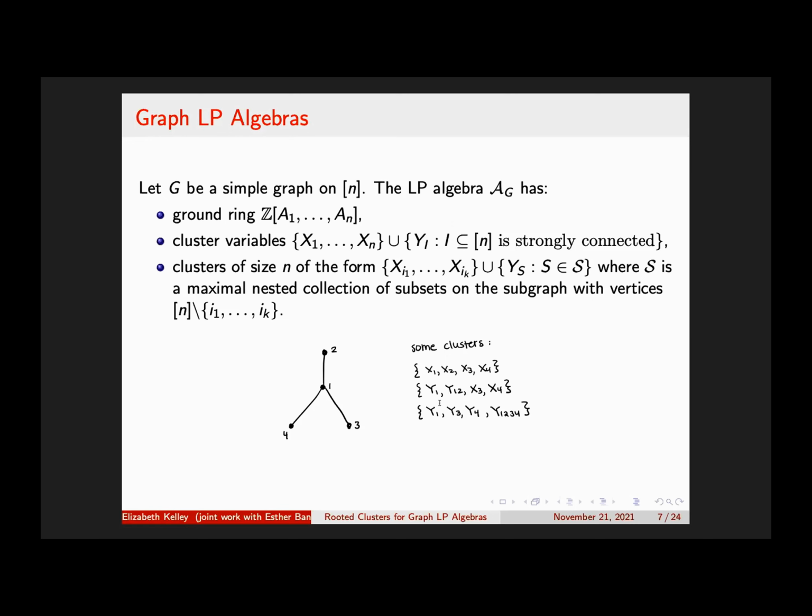Or I could have a cluster that's all y variables, where here what I've done is I've chosen vertices. This should be a 2, not a 1. Yeah, so sorry, this should be a 2. So then I get 2, 3, 4, and everything.